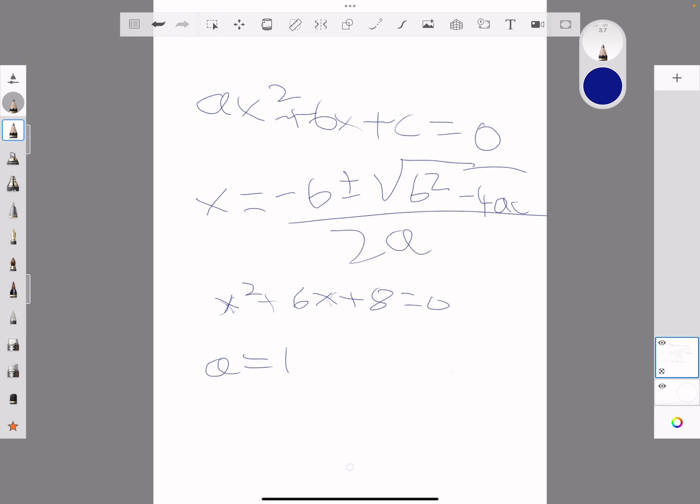Now, 6. When we have to find bx, this is 6x. So in order to find the formula, we would have to split the number, like this, and then I would say that this would be 6.